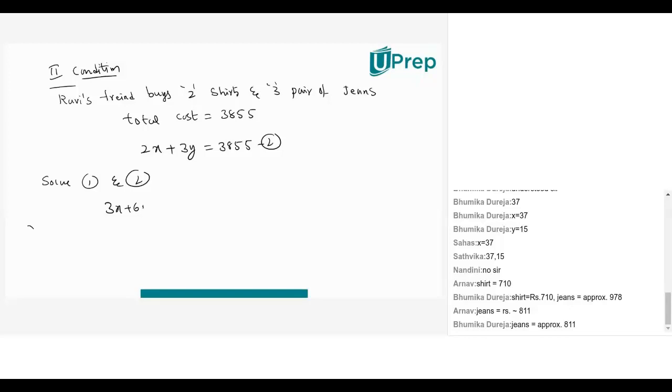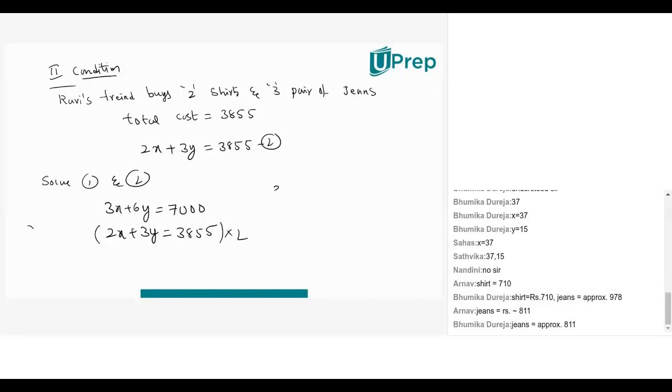How will you solve this? We can multiply the second equation by 2 to make the 3y equal to 6y.